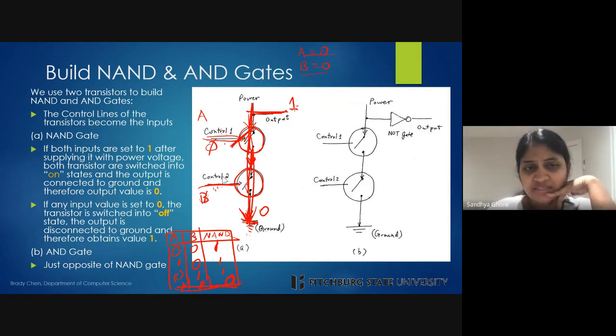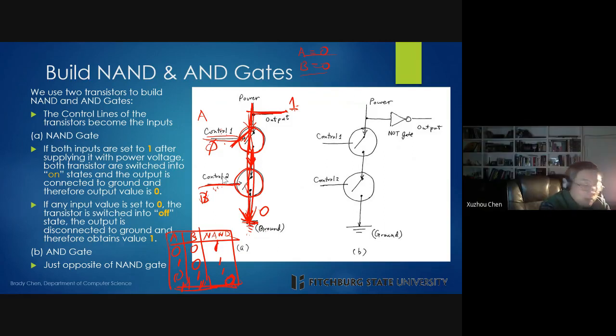If control A is off, control B is on. So how can we explain that will be value 1? Okay, let me eliminate this first, so I can just explain again. Okay.